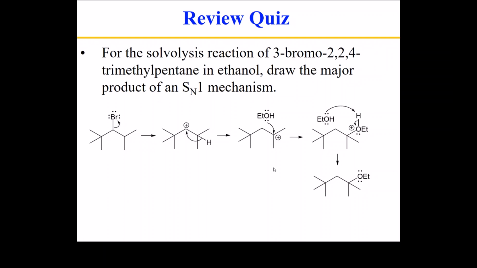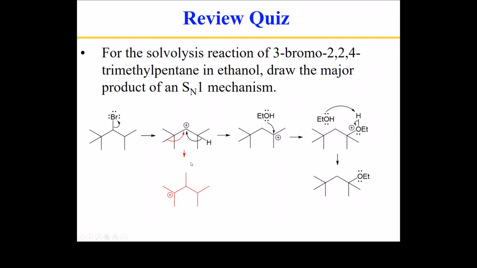3-bromo-2,2,4-trimethylpentane. As far as minor products go, there's actually a competition that can occur. So the alternate shift does occur to some limited extent, and this is actually a foot race. Will the hydride shift faster or the methyl group? And the majority of the time we would expect the hydride to shift faster. So this still represents my major product.